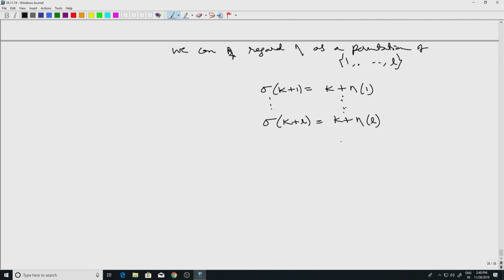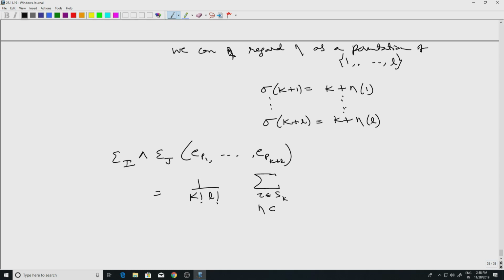The advantage of doing that is, now we can write the quantity we are interested in, E P1 through P k plus L. I still have that 1 over k factorial, L factorial. Now I have tau in Sk, eta in Sl.